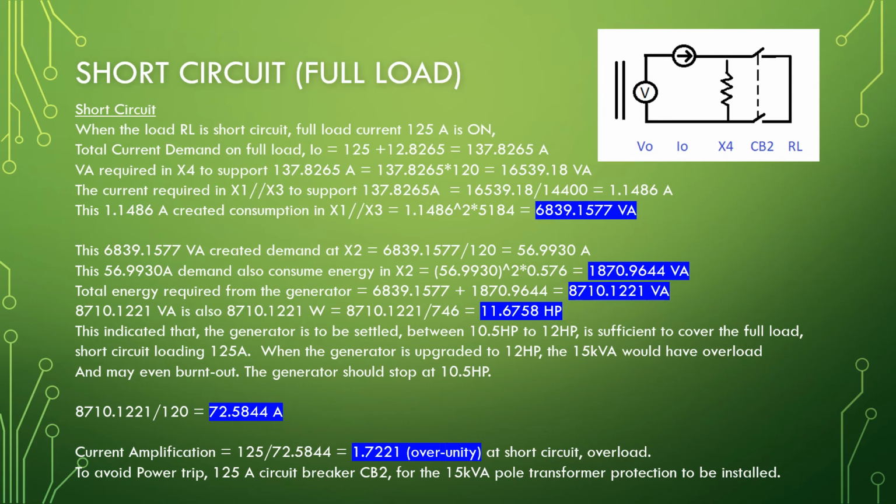The total energy required from the generator equals 6,839.1577 plus 1,870.9644 equal to 8,710.1221 VA.